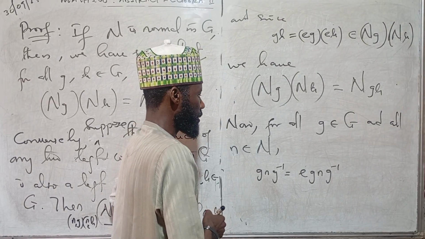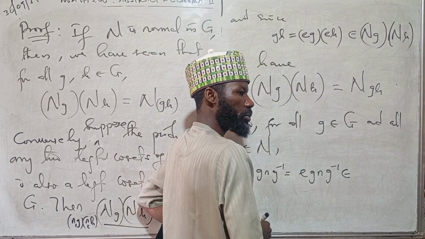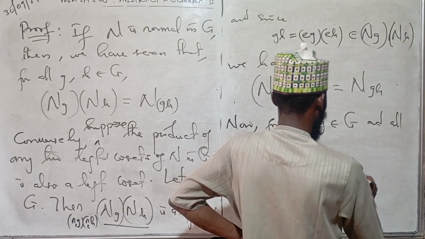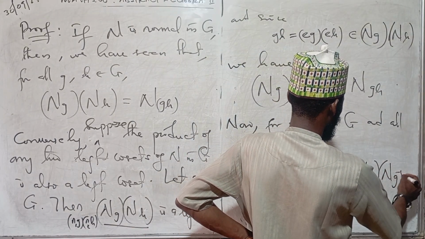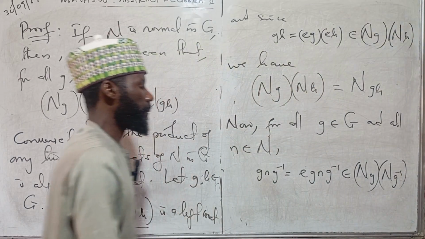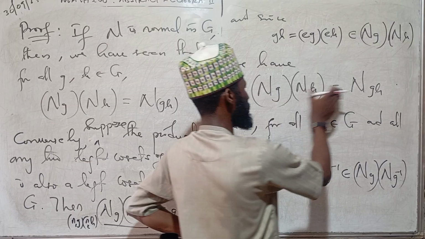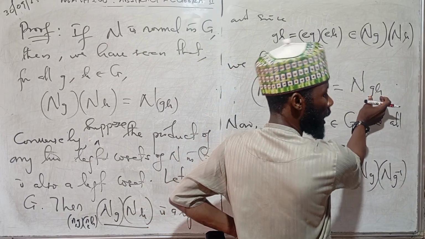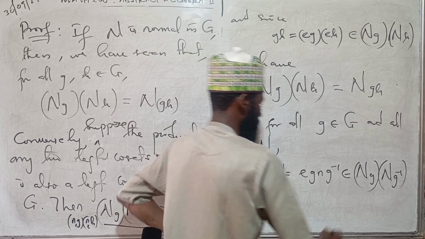This particular element is in the product of two cosets, Ng composite Ng inverse. When you multiply, it results in a left coset generated by the product of the individual generators.